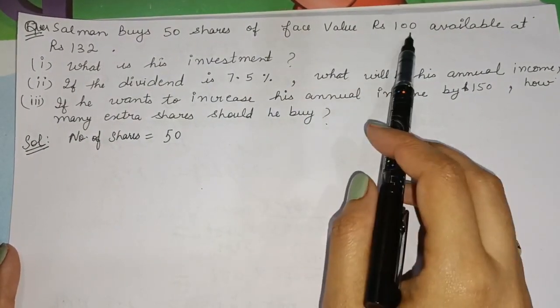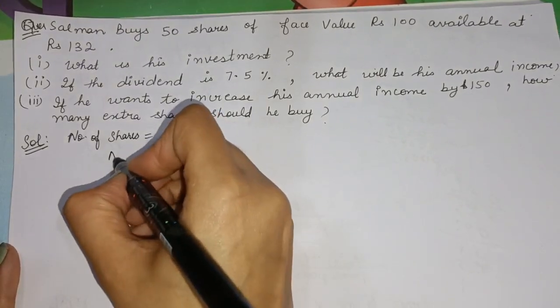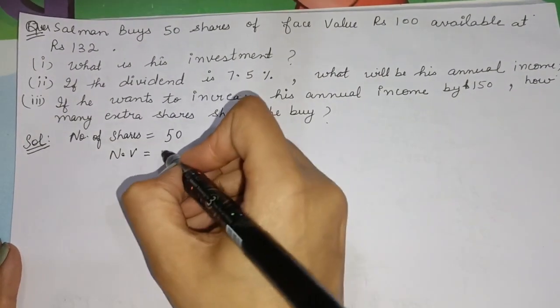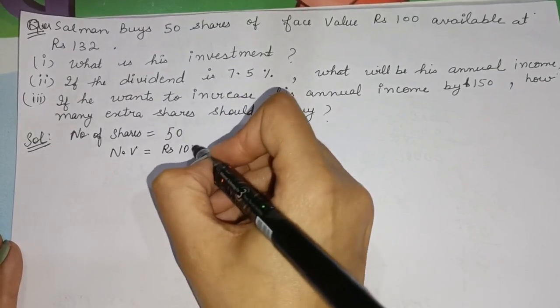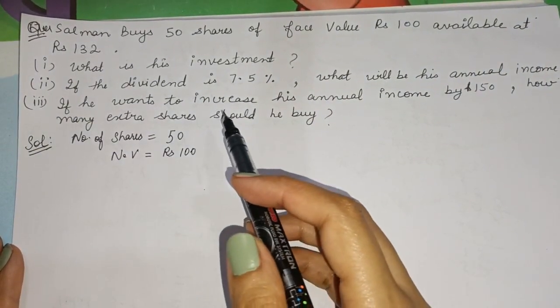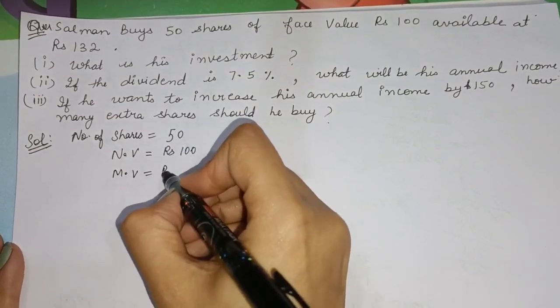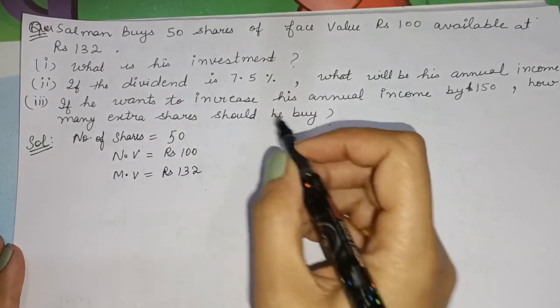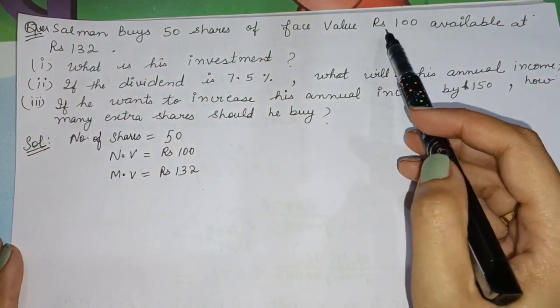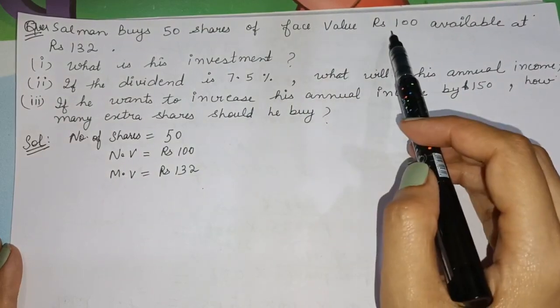Face value of rupees 100. So directly it is given to us as face value. Face value is nominal value, which is equal to 100. Available at rupees 132 means market value is equal to 132. Always remember, apart from two values will be given to us.